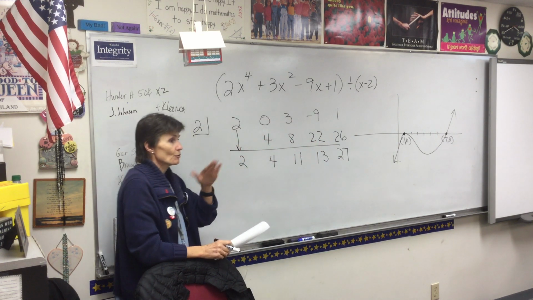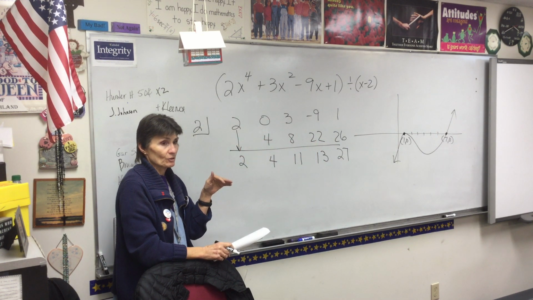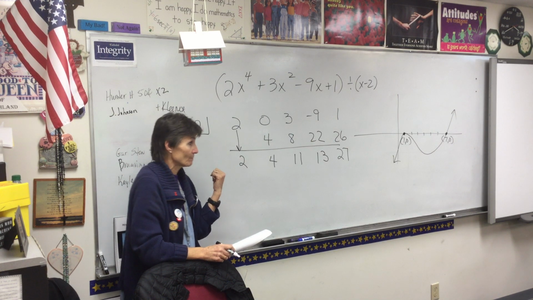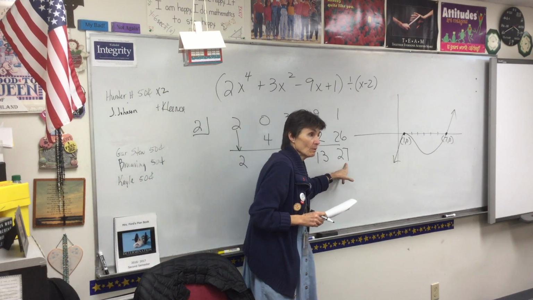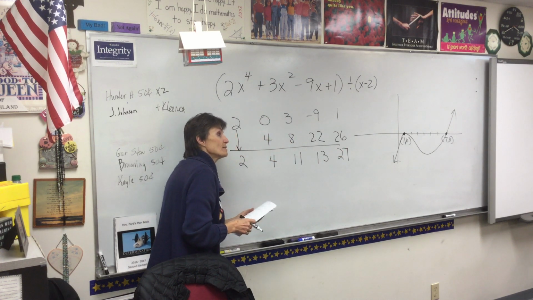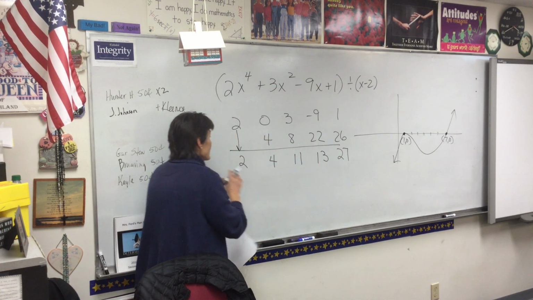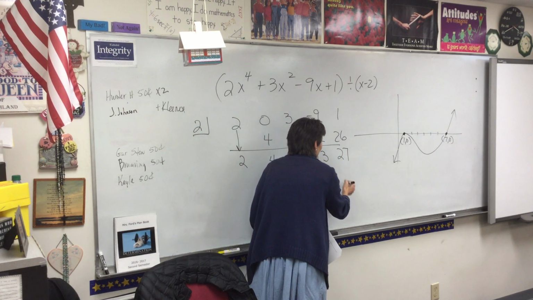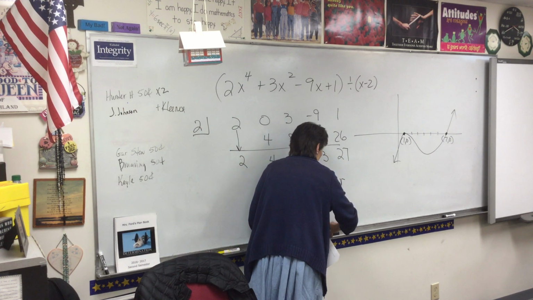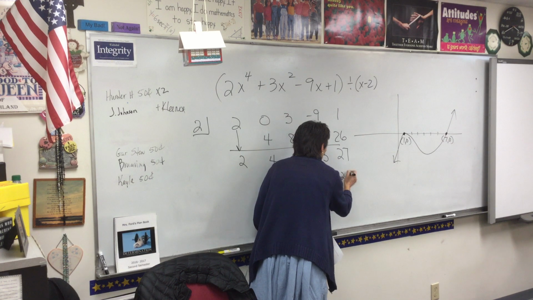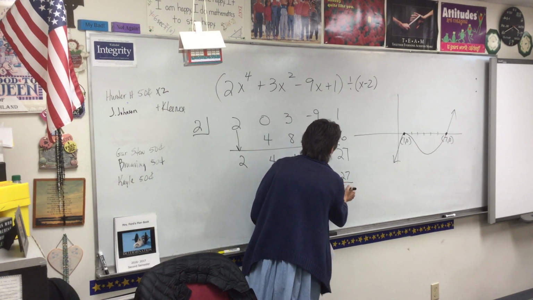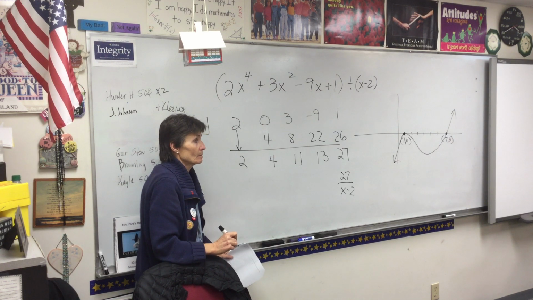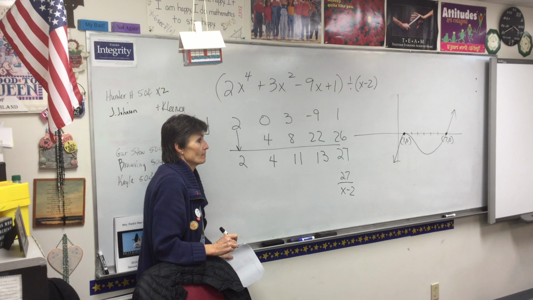Now, your job is not to find a factor, thank goodness, because you don't have one, right? How do I know I haven't found a factor? That's not a 0. Your job was to do the division. So tell me what is left. I know that I have a remainder of 27. That's my remainder. Is that how we write it? That's how you write it.